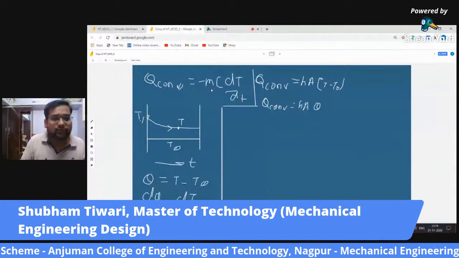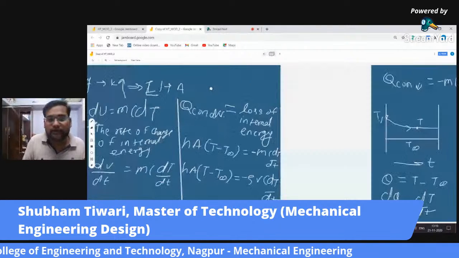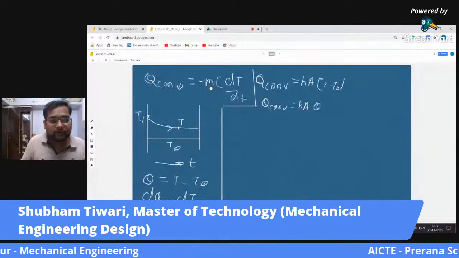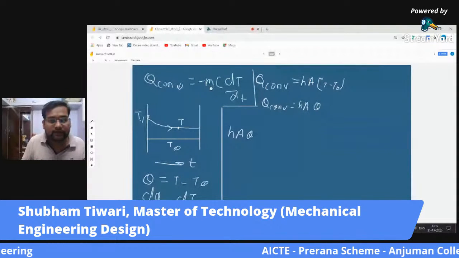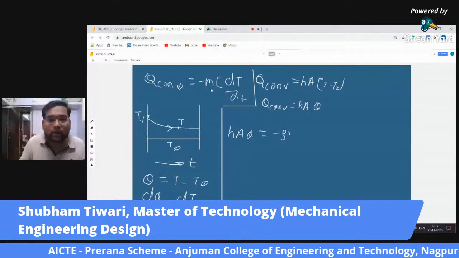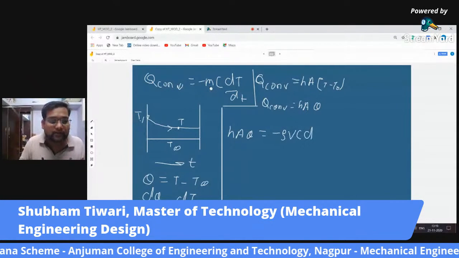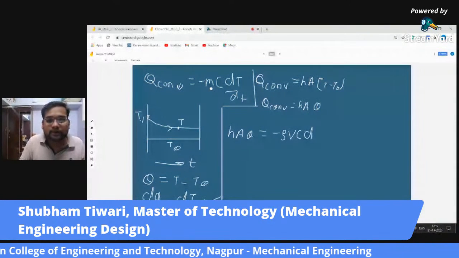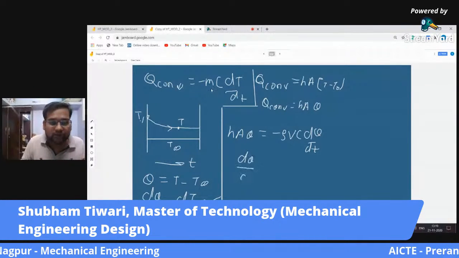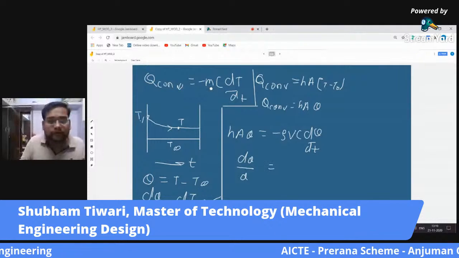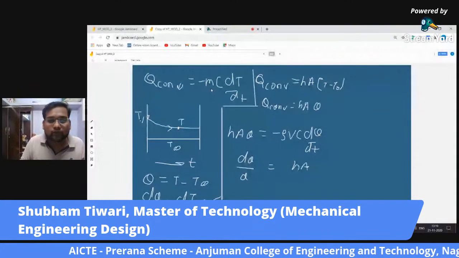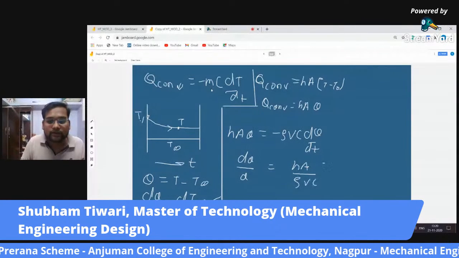And from the previous equation, here we can put this value: hA theta equals minus mass, which we can write as density into volume into c, into dT by dt, which can be written as d theta by dt. We will rearrange these terms and we have hA by rho V c dt.